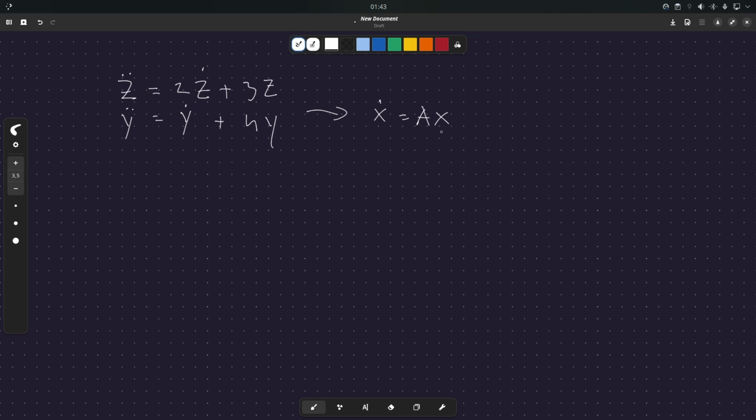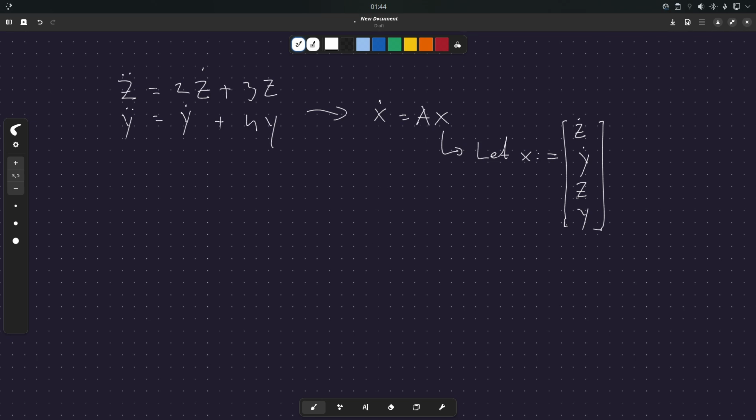So we can choose our x to be, let x be defined as, z dot, y dot, and then just z and y. Now I want to say you can pick any order. It's going to change what your A matrix looks like, but you cannot change your system definition.